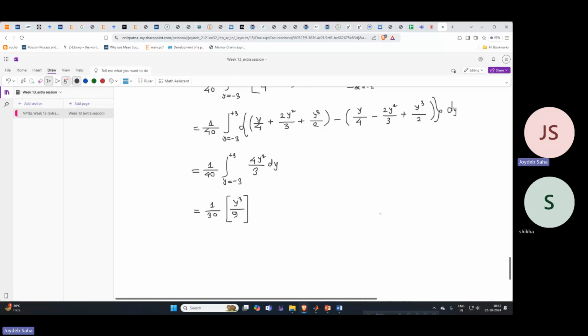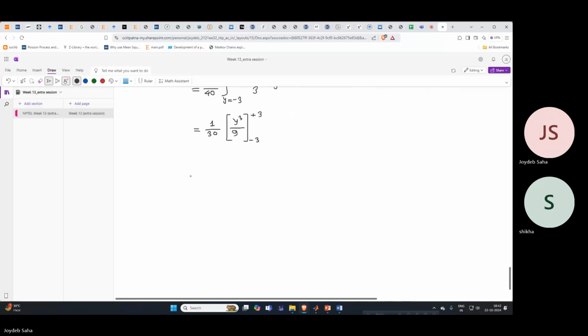So its value is minus 3 to plus 3. So this is 1 upon 30, 3 cube upon 9 means 3, right? Minus of minus 3.